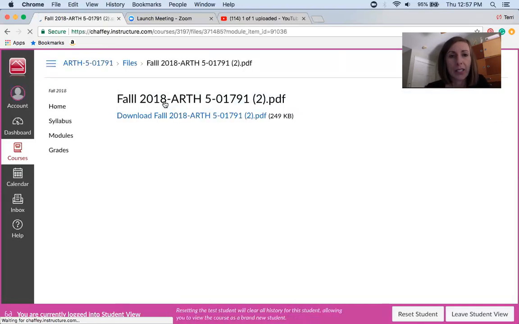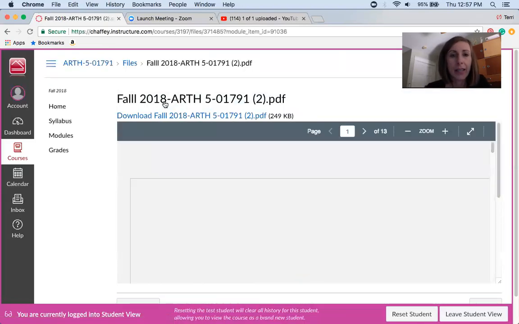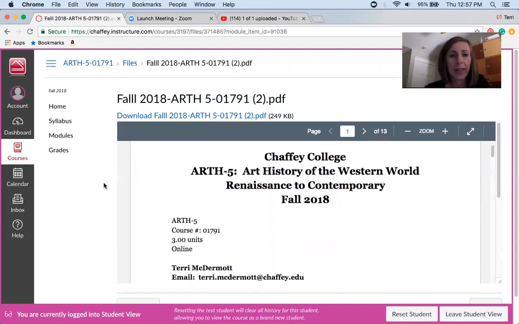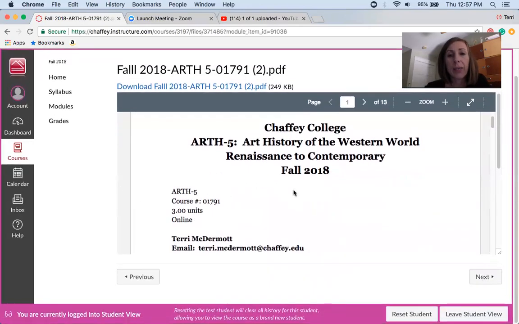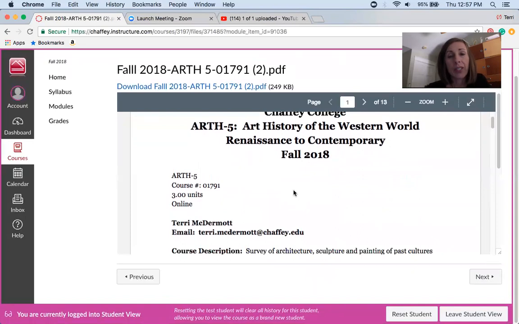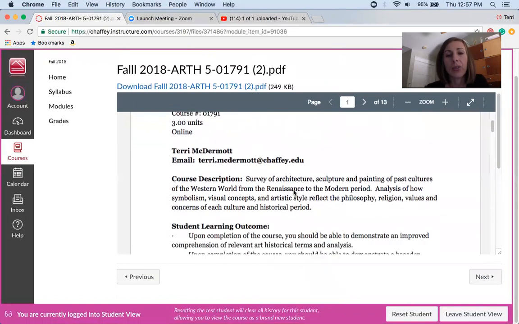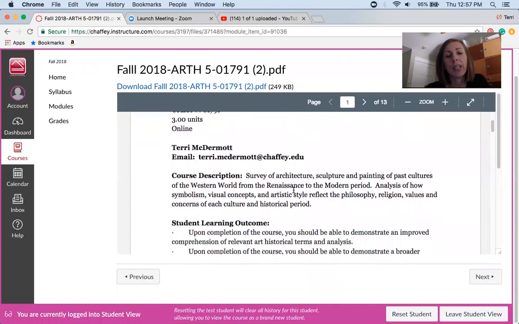All right, so let's look at the syllabus here. The very top tells us that we are doing Western art history. So it's Europe and the United States. It starts in the Renaissance, actually the end of the Middle Ages, and it goes to the contemporary. It has a course description there. It tells you that we look at different periods in art.